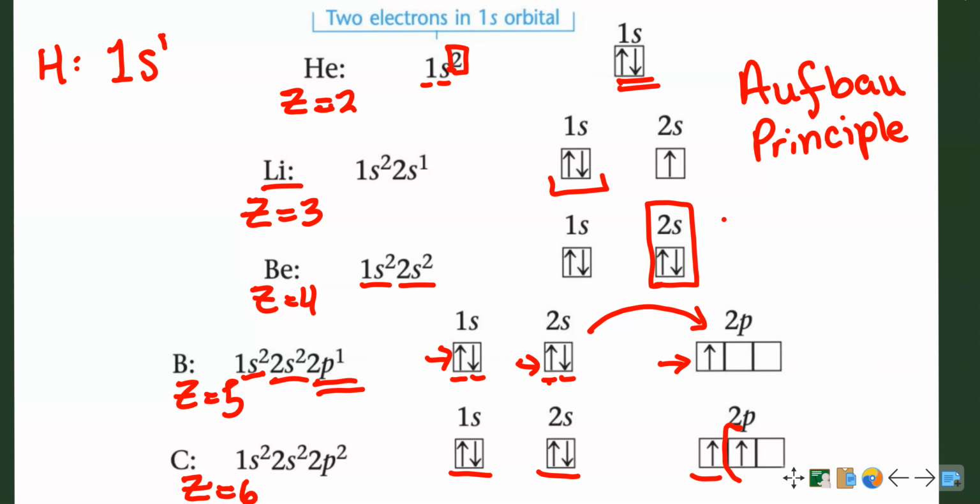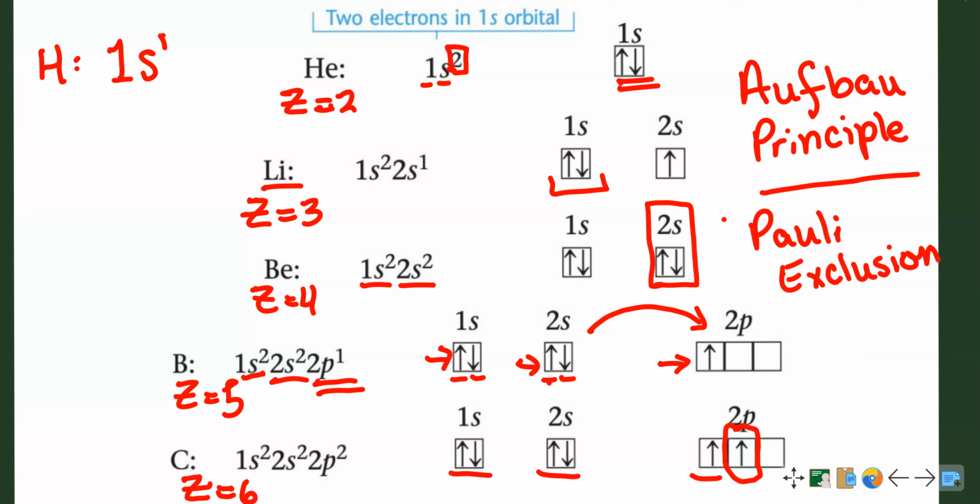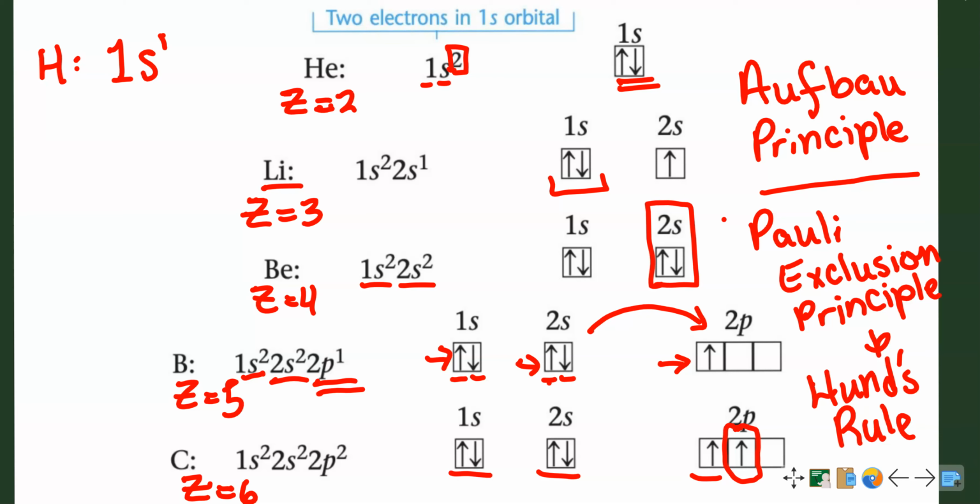However, that 6th electron, I want you to notice, it goes in a box by itself, because according to Pauli's exclusion principle and Hund's rule, so these two rules together kind of indicate that the electrons are going to go one by one per orbital. They're not going to pair up until they have to.